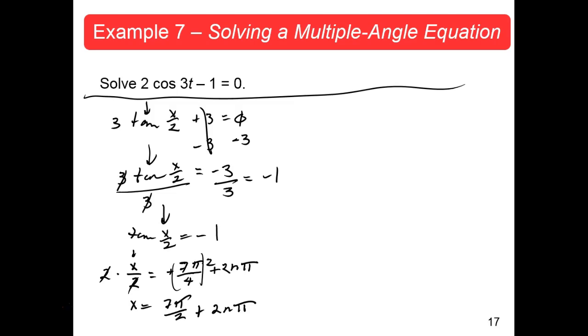But the one they did in the book was x over 2 is equal to 3 pi over 4 plus n pi. And then x equals 3 halves pi plus 2n pi. So that's why theirs looks a little different. It's the same answer. It's just 1 n pi away. So actually 2n pi's away. Okay.